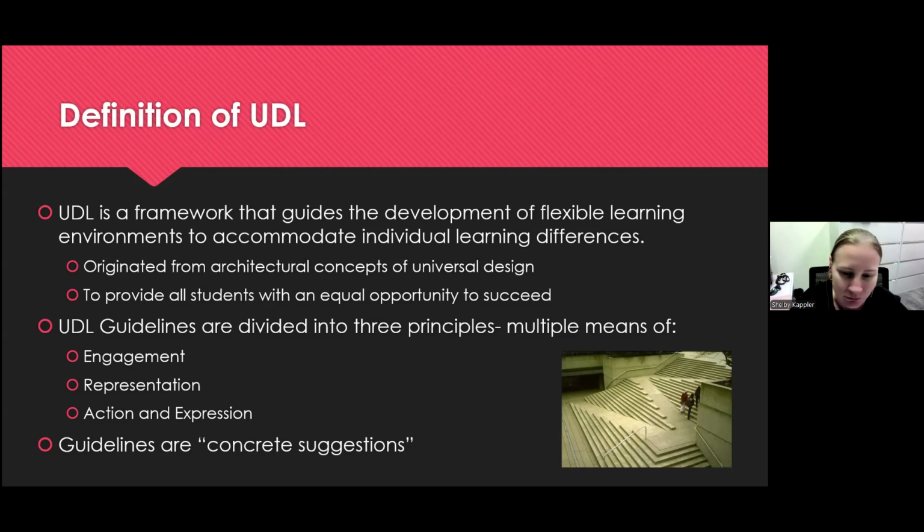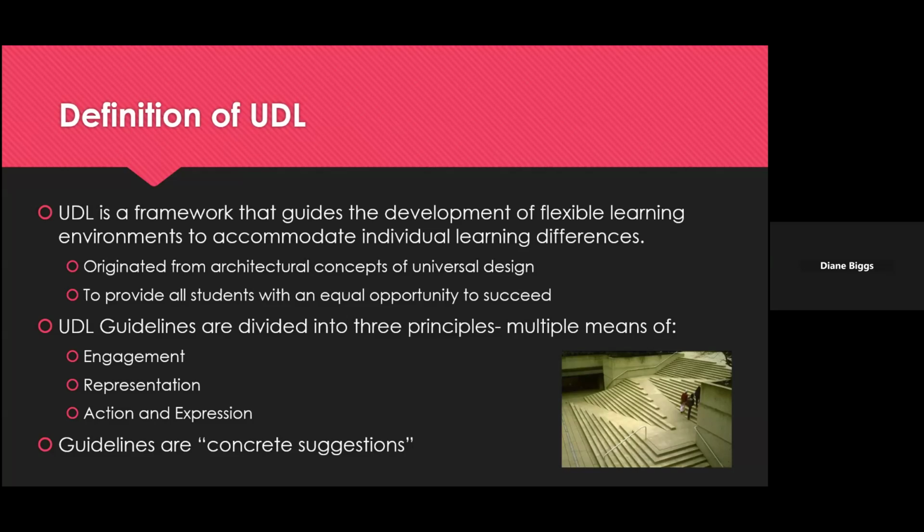It originated from universal design in the environmental capacity, designing spaces that are equal for everyone to participate in and access. Universal design for learning is based off of that principle. The idea is to provide all students with access to an equal opportunity to succeed.